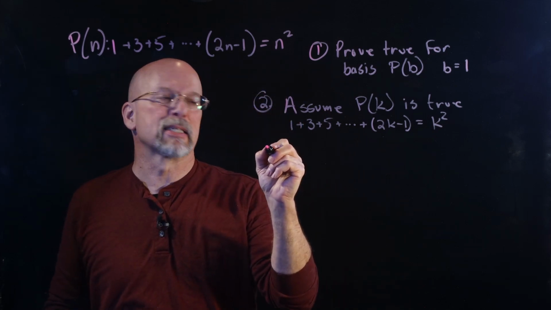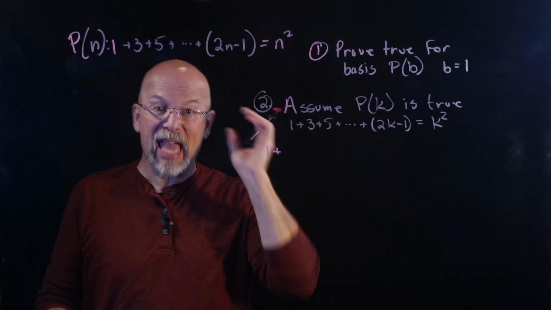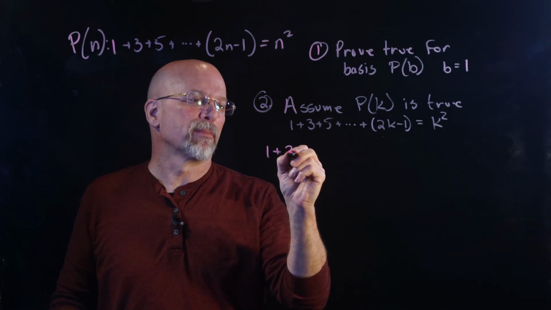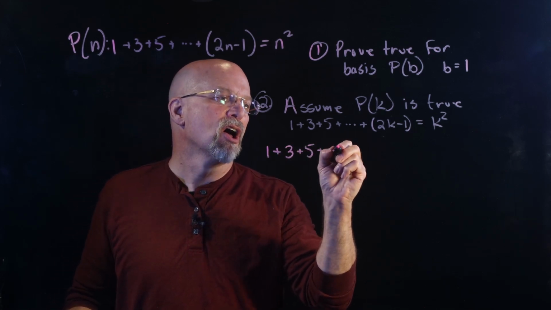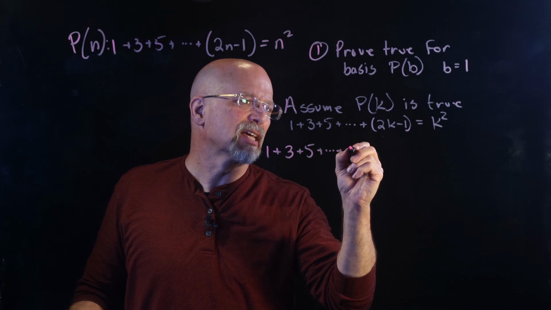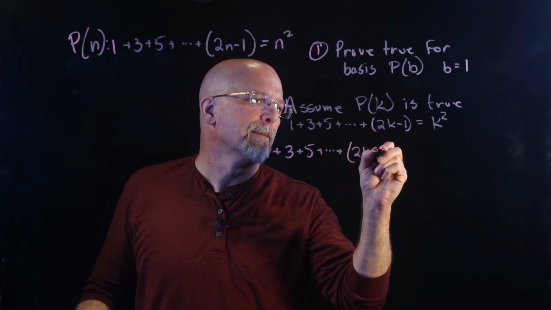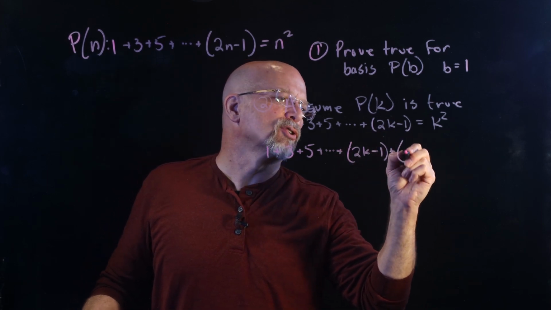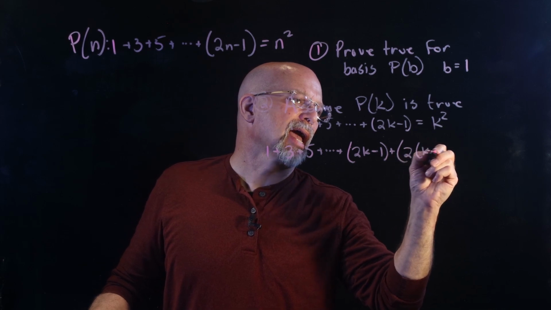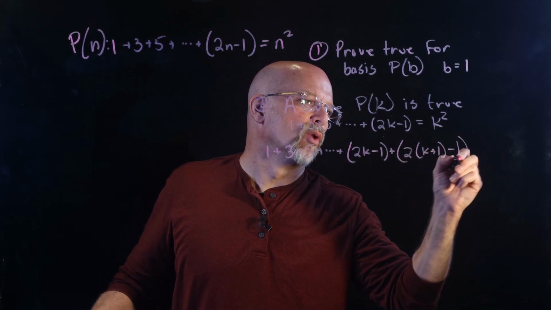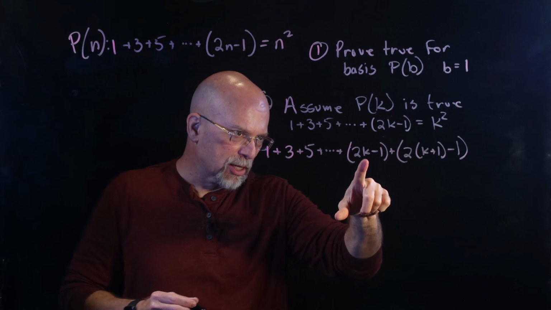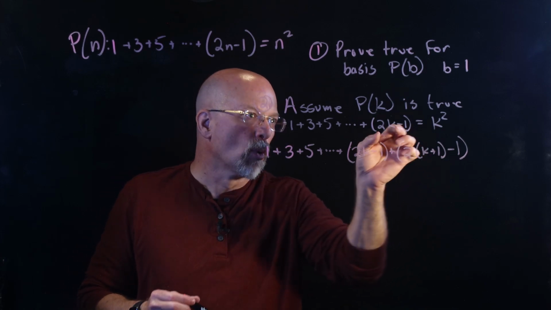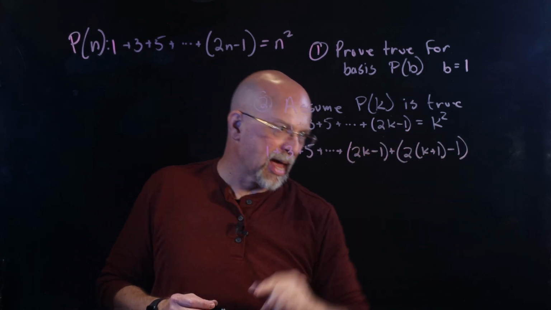So we're going to go ahead and say that this P(k+1) is 1 plus 3 plus 5 plus all the way up to, and I'm going to go ahead and include the 2k minus 1, but then I'm going to also add the 2(k+1) minus 1. Notice my parentheses, because what I'm doing is I'm going to substitute for this k, the k plus 1.